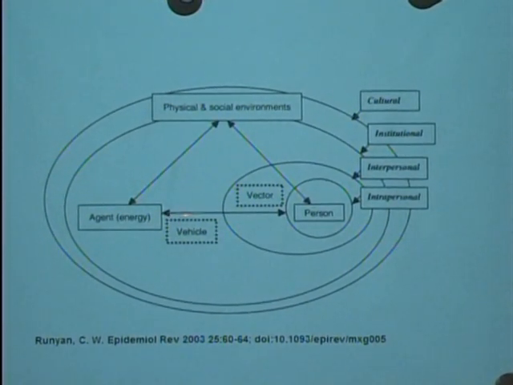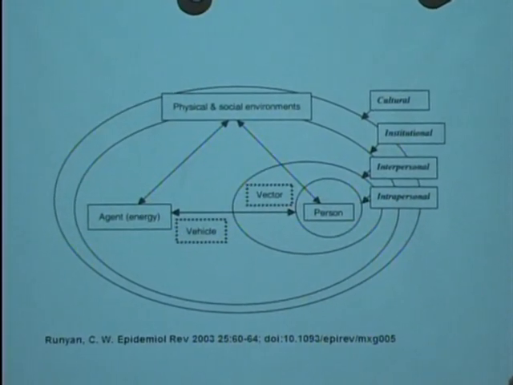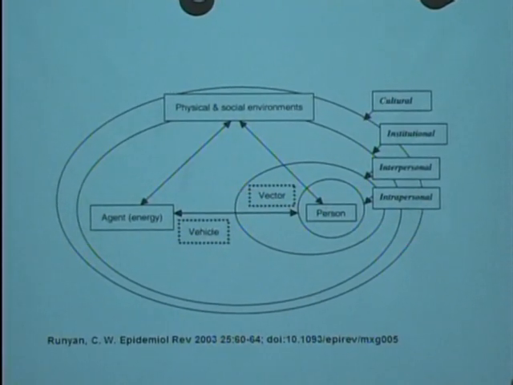Usually those agents are conveyed to the person by some vehicle or some vector. We usually refer to animate carriers as vectors and inanimate carriers as vehicles, but that's not particularly important, these kinds of classifications. But for example, cholera was conveyed to individuals through the medium of water.